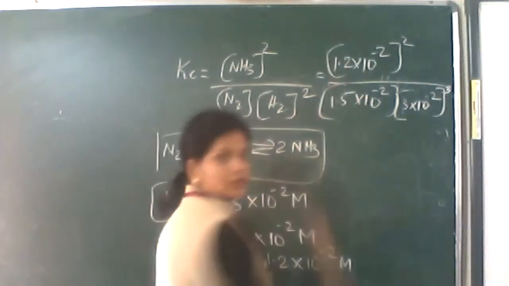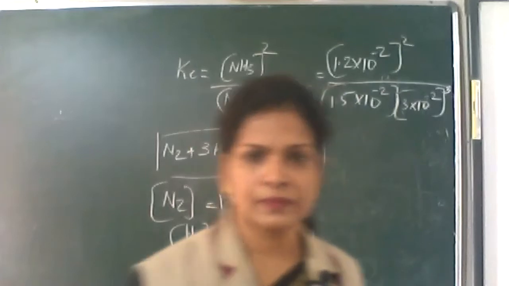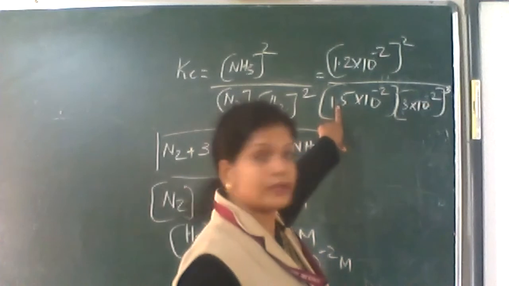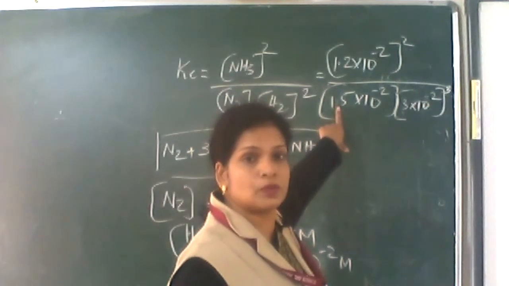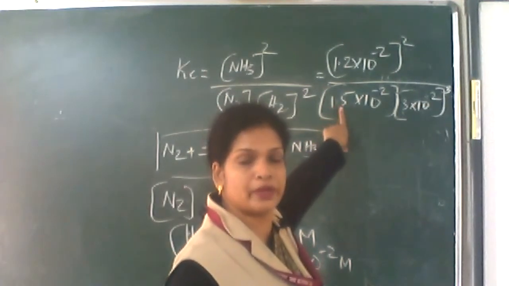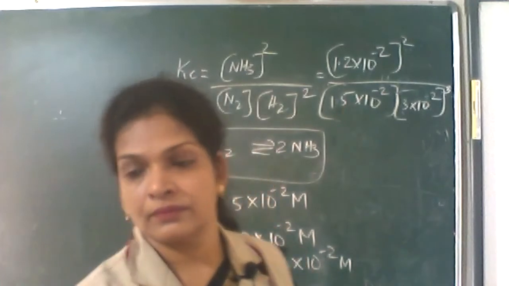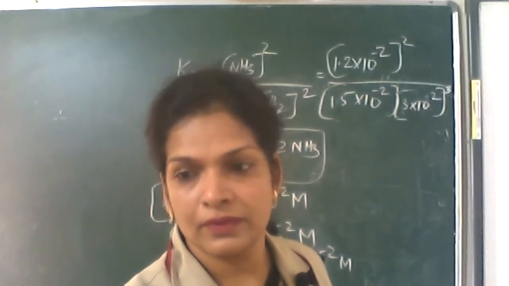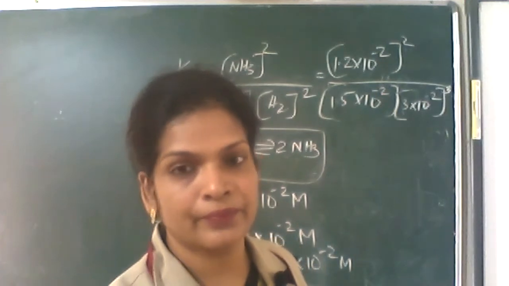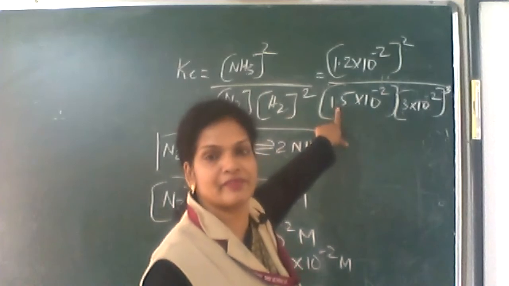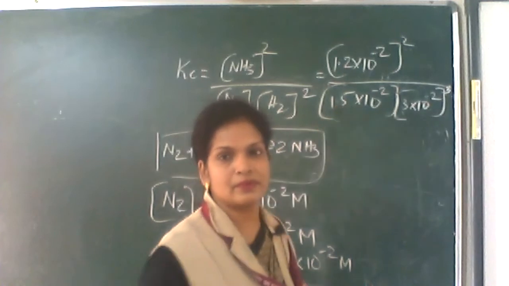1.2, this dot is not visible. Can you see that? Can you see this point? Anybody please respond to me. Yes, ma'am, we could see the point clearly. I mean this point, 1.5.